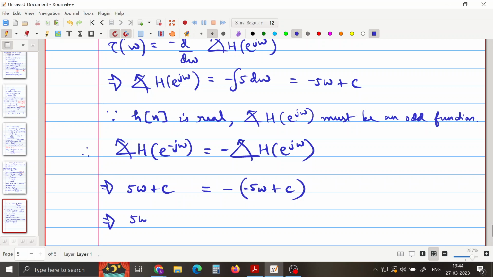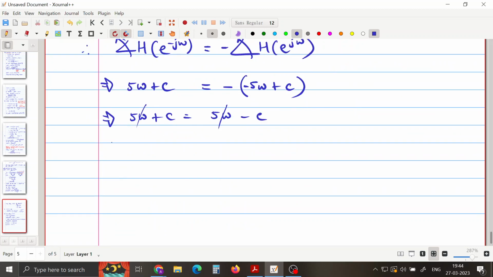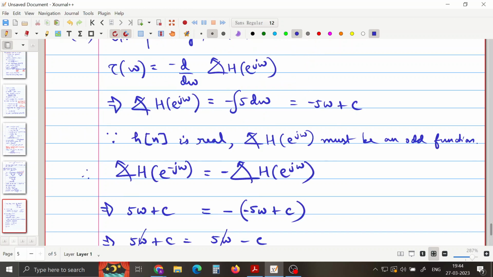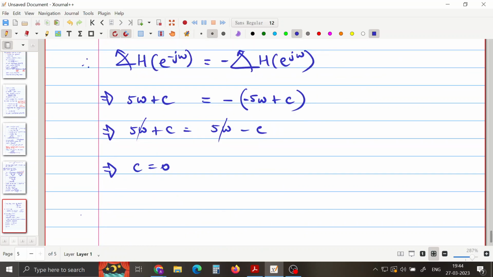So now you can just cancel. This 5 omega gets cancelled, and c is clearly 0. Now if you put c equals 0 in this expression for the phase, minus 5 omega plus c, it becomes basically minus 5 omega.